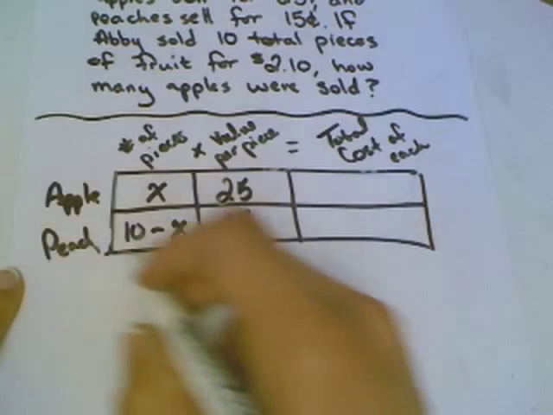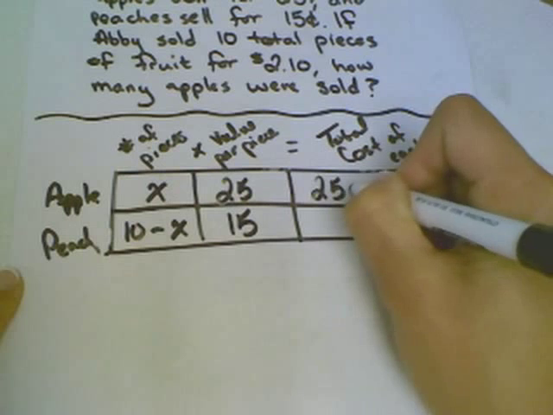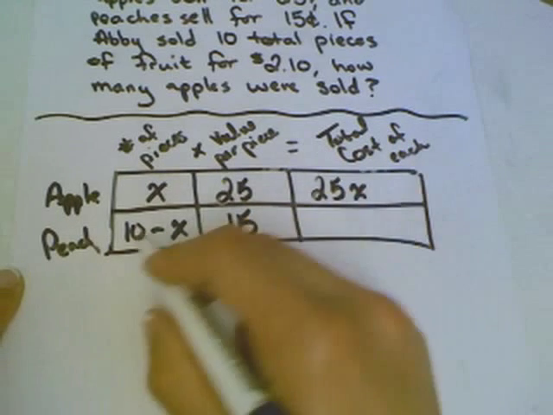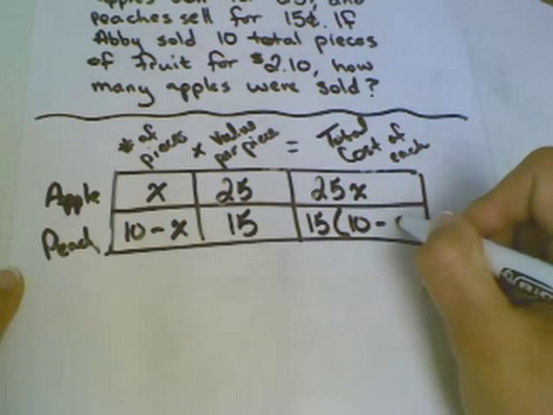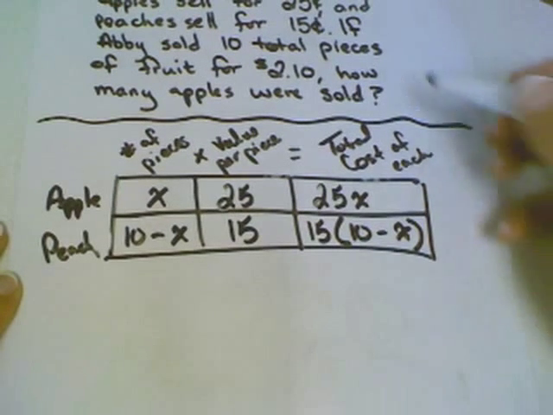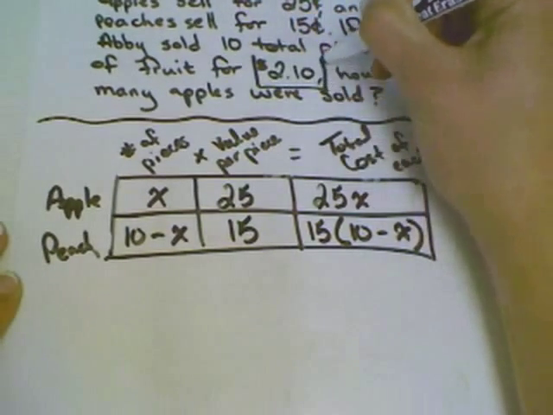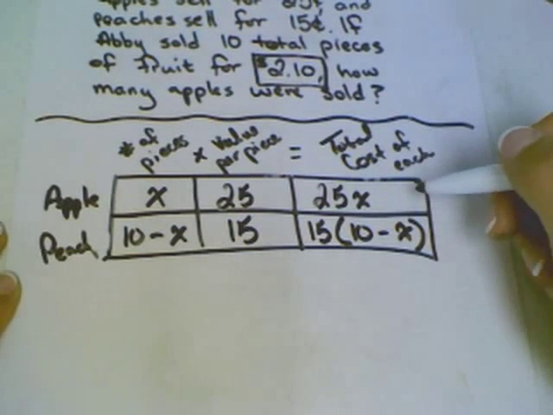Once I have the first two columns filled out, I can multiply to find the rest. x times 25 is 25x, and right here I'll need to throw down parentheses. This is going to be 15 times (10 minus x). Now I can use this last piece of information that I haven't used, along with my information from my chart, to write the equation.